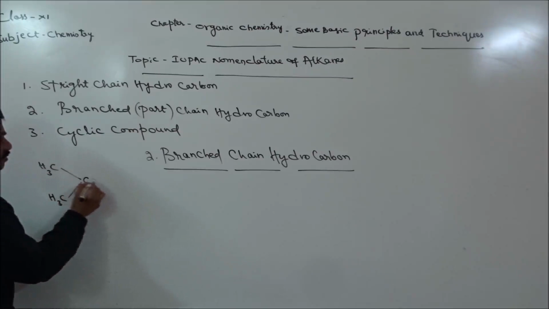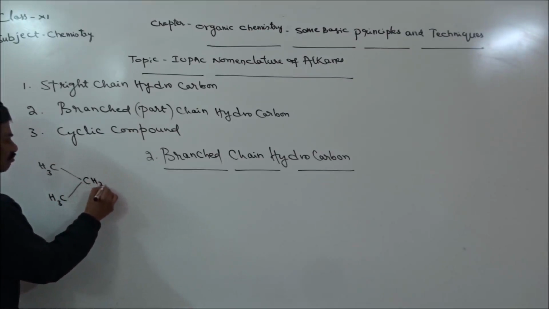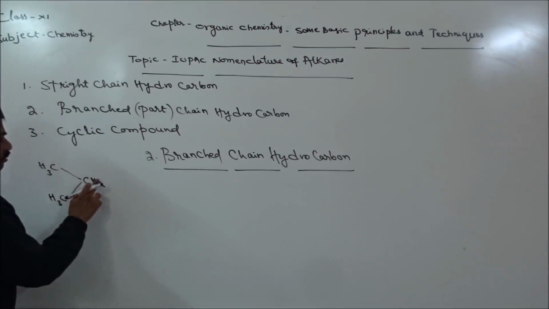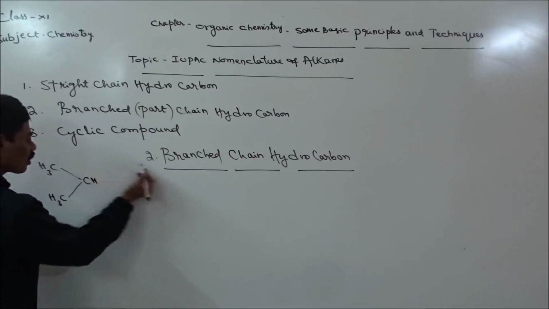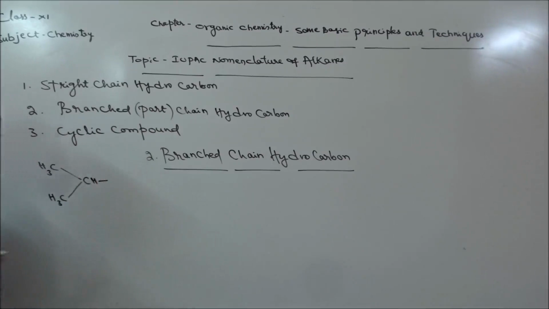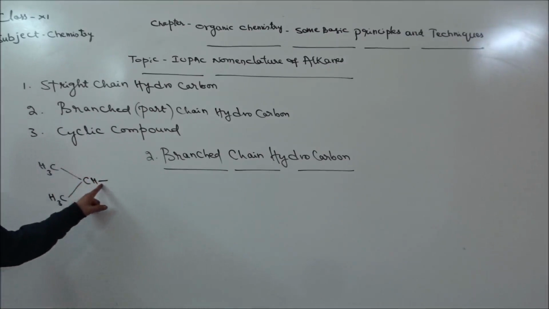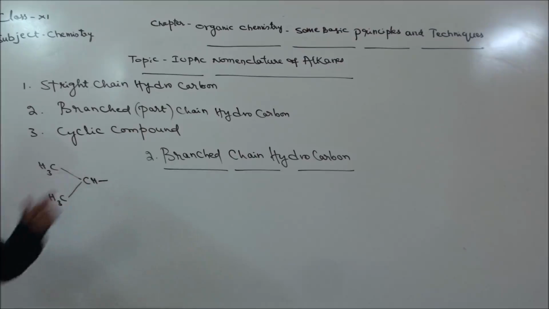So what I will do is, I put only one carbon atom and here one bond. This bond stands for connection, linkage. So there is something which is connected here, that is the meaning.